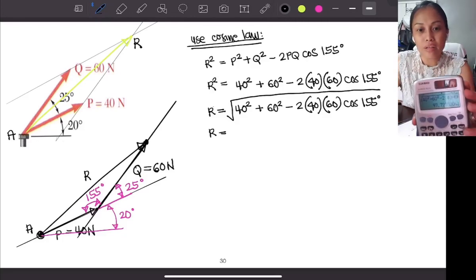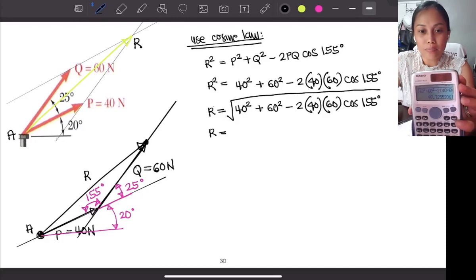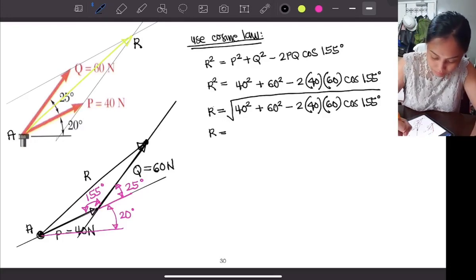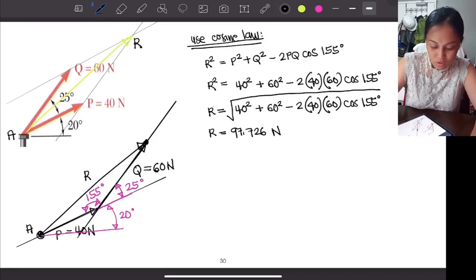So we have this value, 97.726, and this is in newtons.